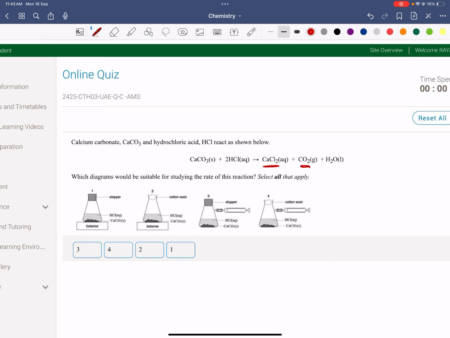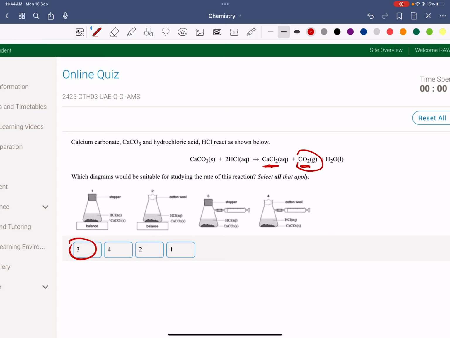If we want to measure the gas, we need something to measure the gas, and of course we need the stopper, so we don't want the gas to evaporate and leave our beaker or our flask. We want it to be measured in this thing right here. So 3 would be an option.